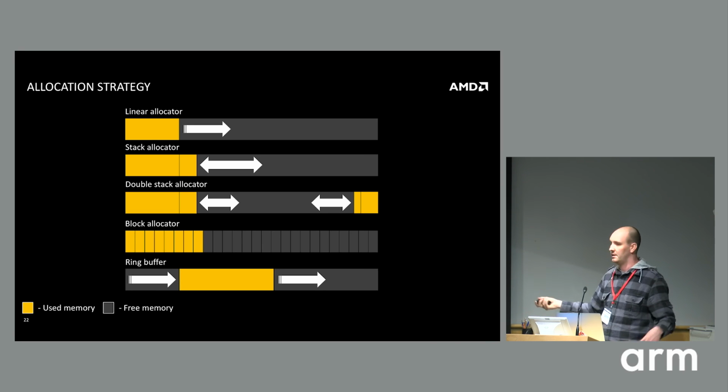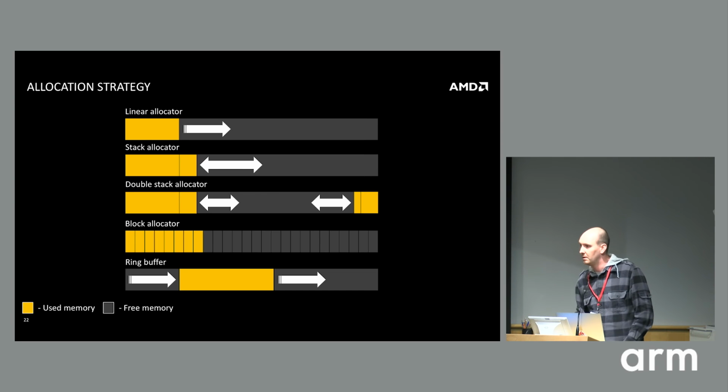You could do a double stack where you come in from both sides. If you've got something with fixed size blocks, you could do that with a free list. You could do ring buffers. You could do whatever you want. So any of the tricks that you've probably been using for years on the CPU, you can use all the same grab bag of tricks on the GPU with this.